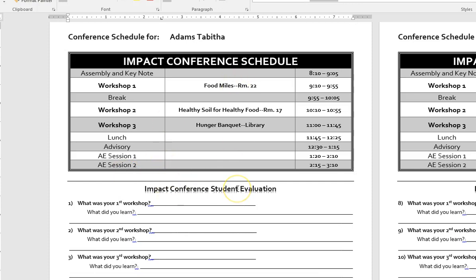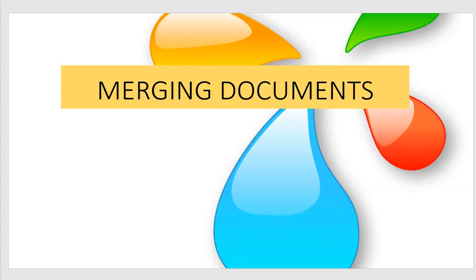Super valuable. Same thing is true for all those letters we talked about. You could do merge fields, and you can make a document to go out to hundreds of people within a couple clicks. So that's what we're going to be learning about today.